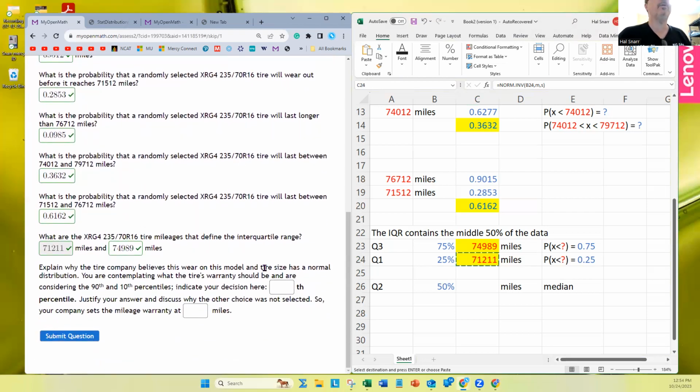Now you're contemplating what the tire's warranty should be, and you've considered the 90th percentile and the 10th percentile, right?